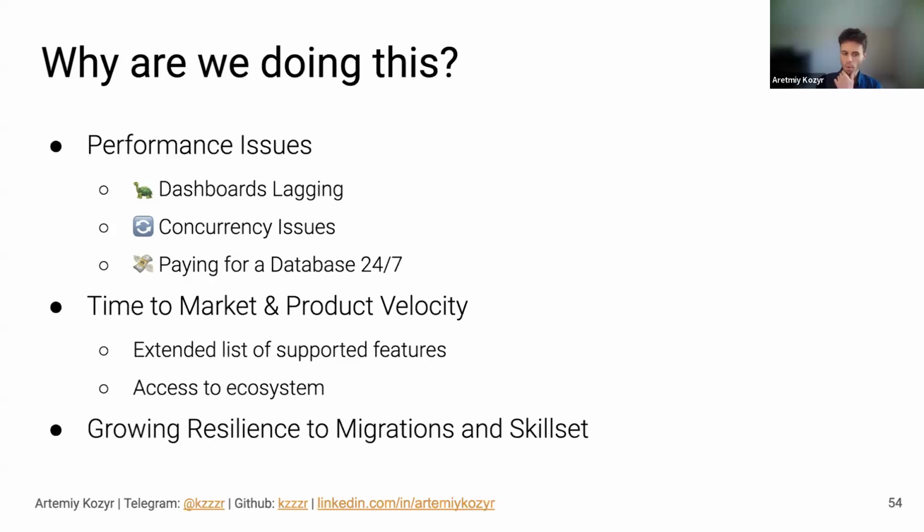And last but not least, growing resilience to migrations and skill sets. So simplifying pipelines, simplifying tools used, using a single tool instead of 3 or 4 different tools, programming languages, and frameworks is better. It's easier to find a relevant person to do this.